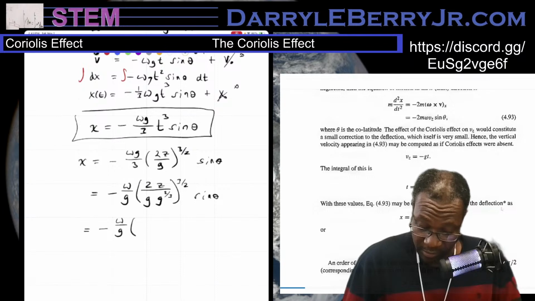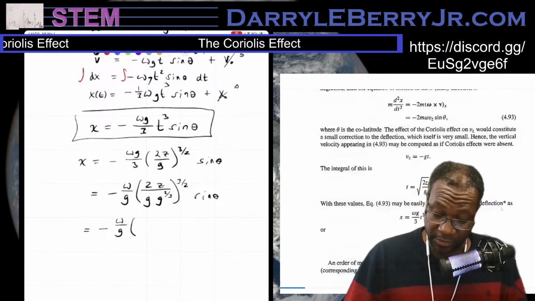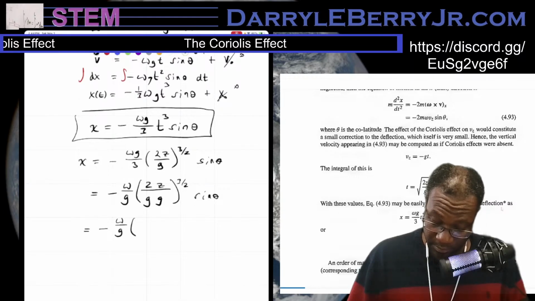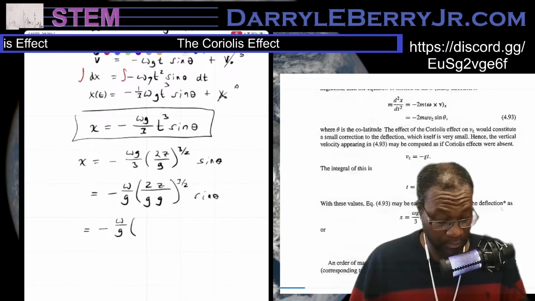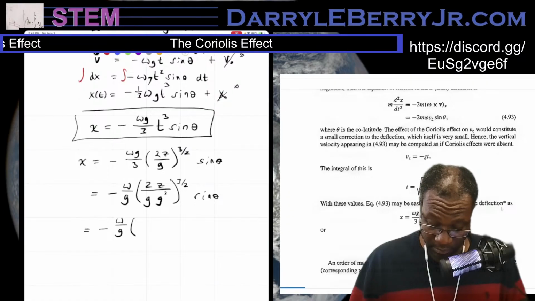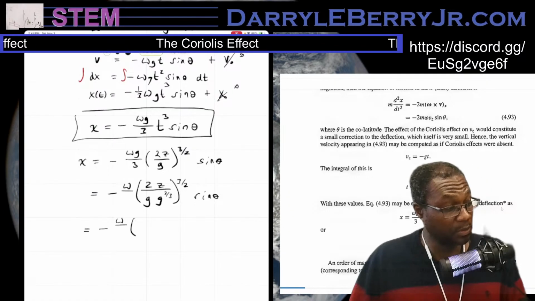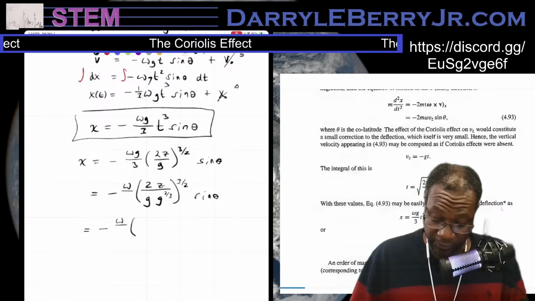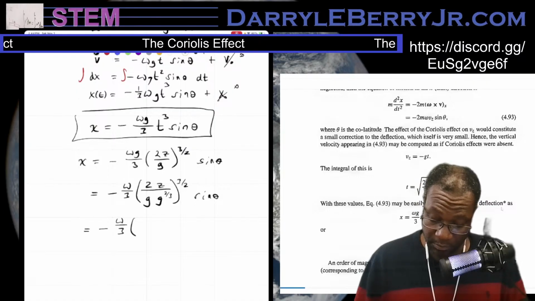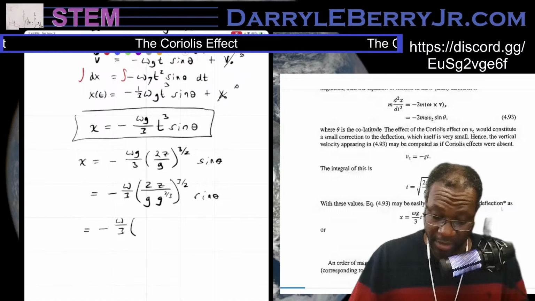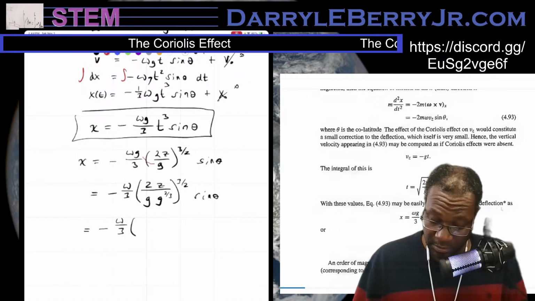Oh, and it's in the denominator, so it's actually 2/3 when it's in the denominator. I made a mistake and wrote a g there instead of 3. So I'm going to move this in the denominator, which makes it negative 1.